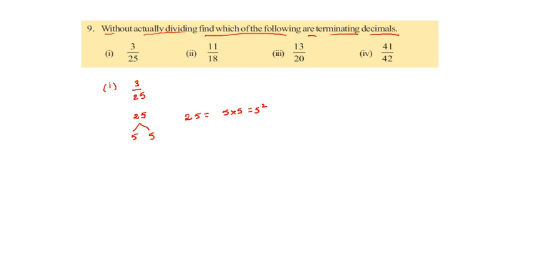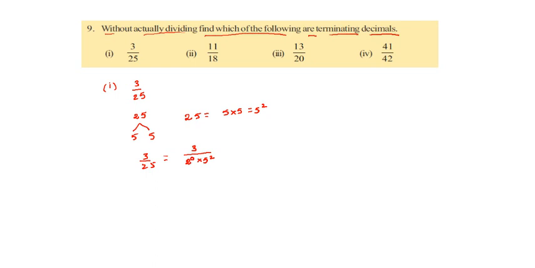That means what we can say, 3 by 25 is equal to, 25 may be written as 2 to the power of 0 into 5 square. Why have we written 2 to the power of 0 here? Because the denominator should be in the form of 2 to the power of n and 5 to the power of m.